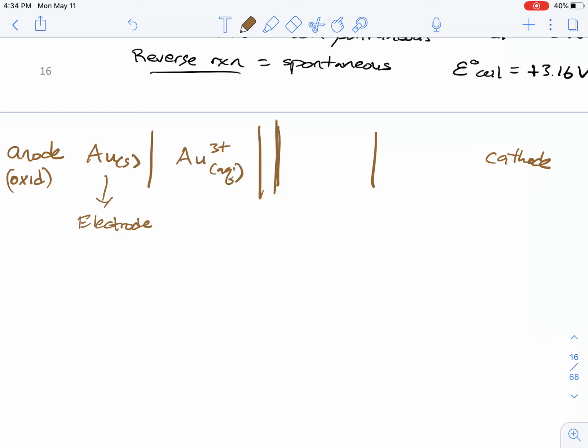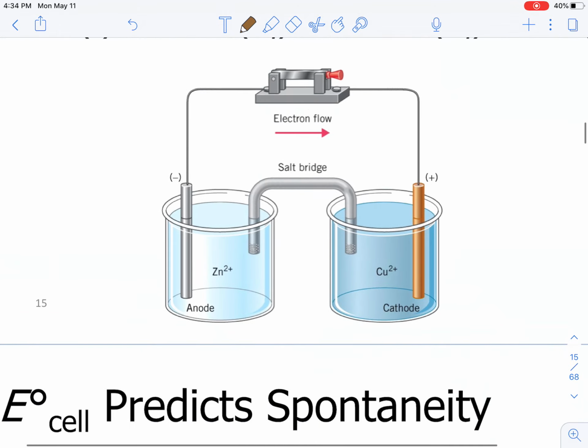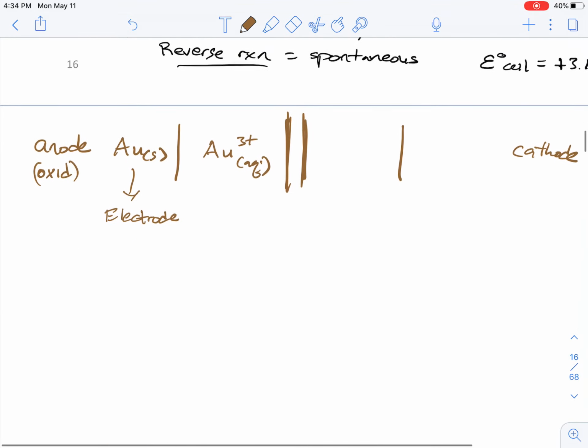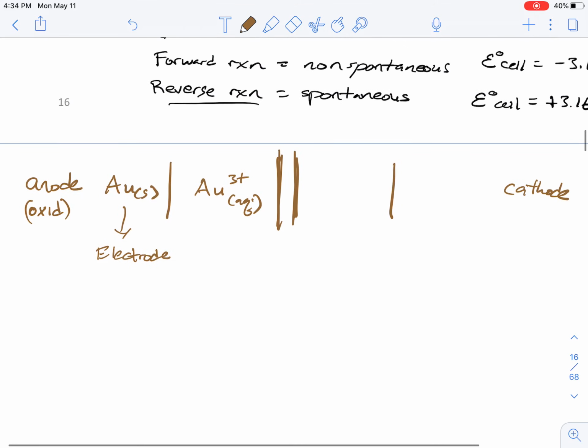And then once again, this double vertical line represents your salt bridge, which is a separation of the half cell, right? And so my cathode is going to represent reduction, which is going to be a gain of electrons.